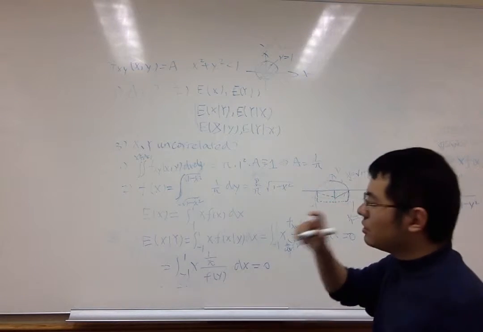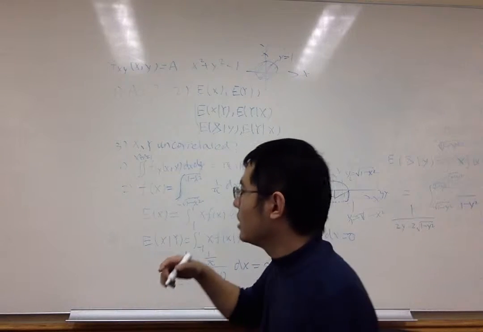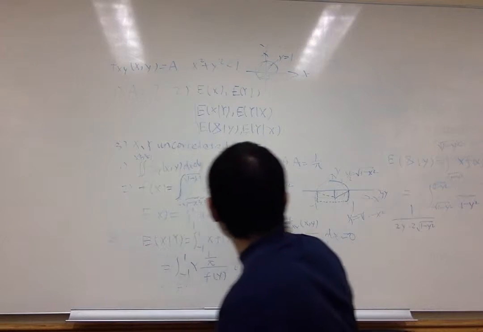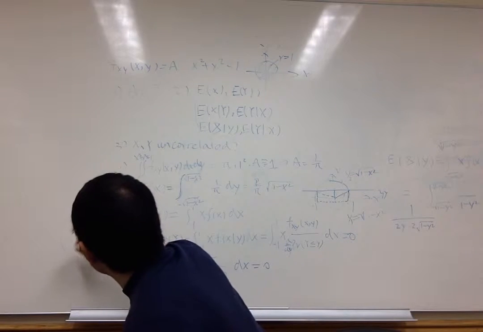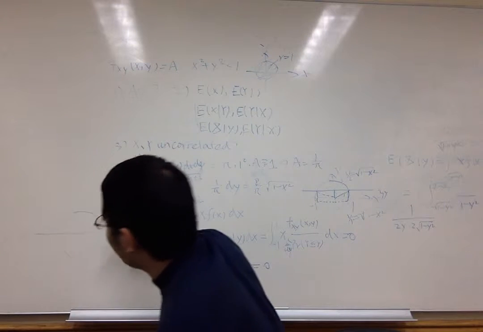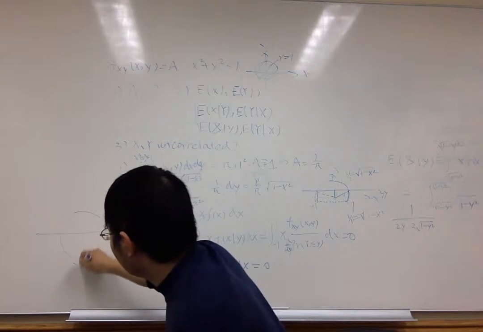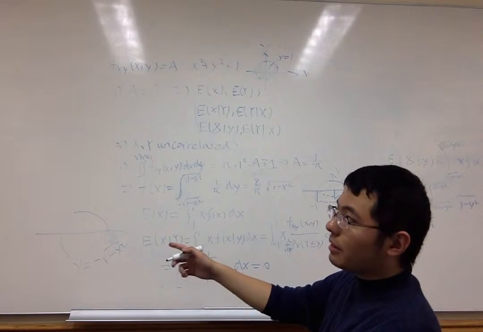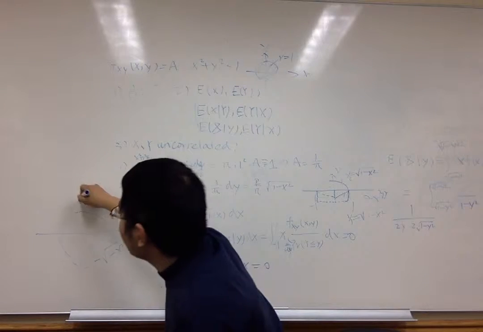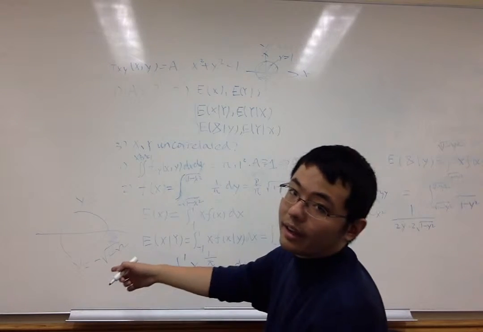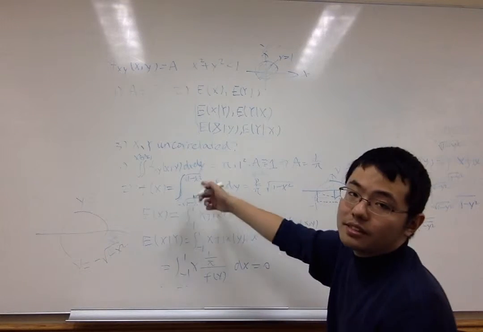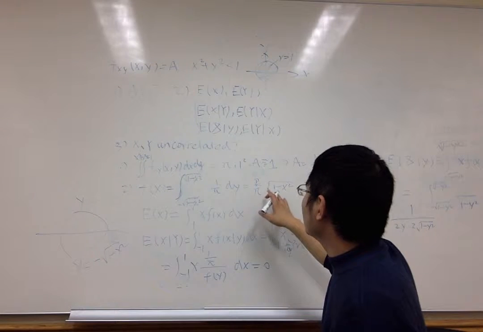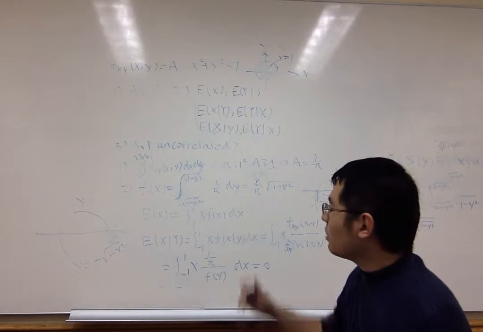The region is a circle, combined from two functions: the lower one with respect to x is y equals minus square root of 1 minus x squared, and the upper is the positive one. So these are the upper limit and lower limit. We get the final result: 2 over pi times square root of 1 minus x squared.